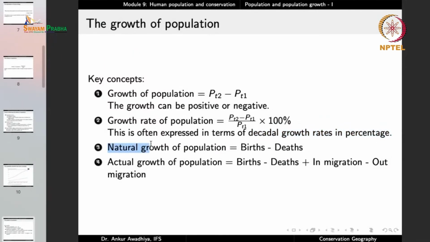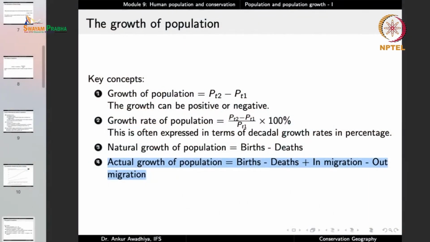Now, this growth can be a natural growth in population, which is the number of people who are born minus the number of people who have died in this particular period. Or we can have the actual growth of population, which is birth minus death plus the people who have shifted into the population from outside.